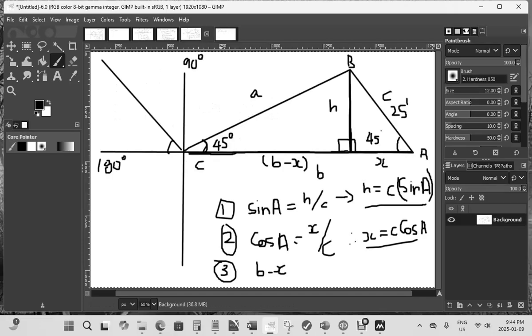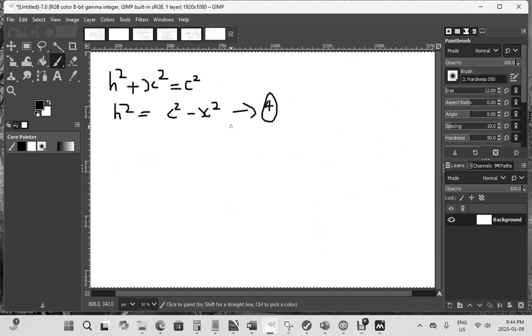Now what you want to do is substitute in the equation. You want to solve for B minus X. We know what H is, we know what A is, and you want to solve for B minus X. This will be H squared plus (B minus X) squared equals A squared.